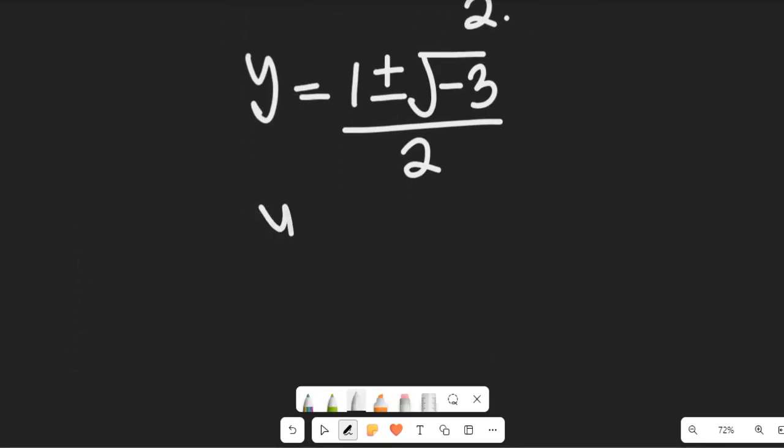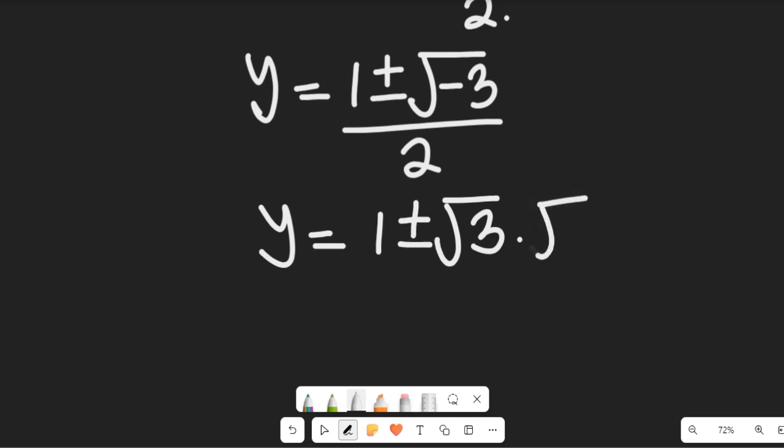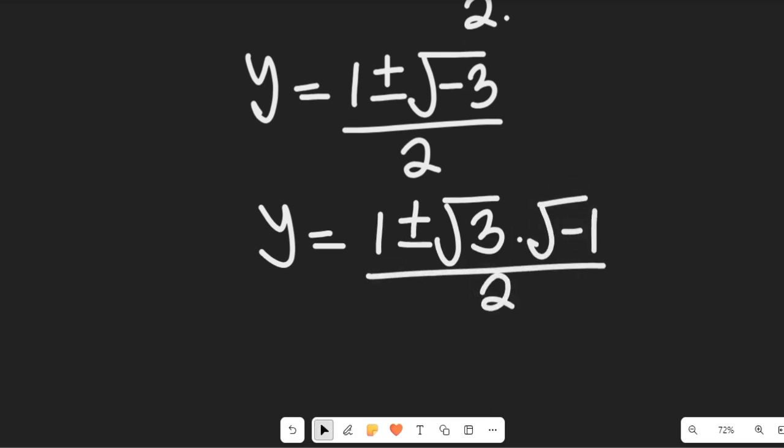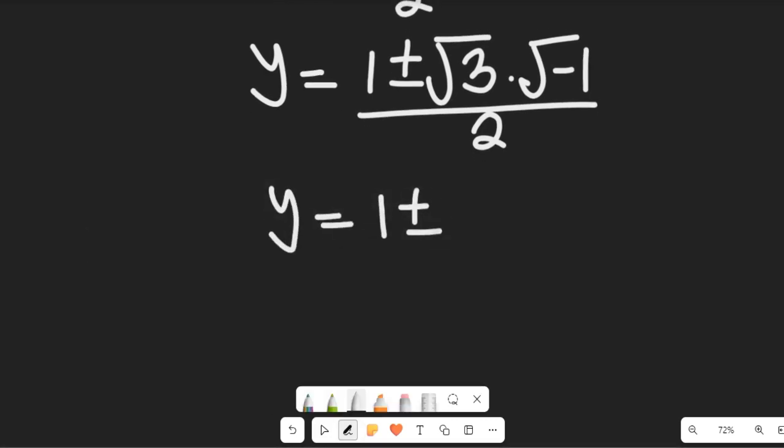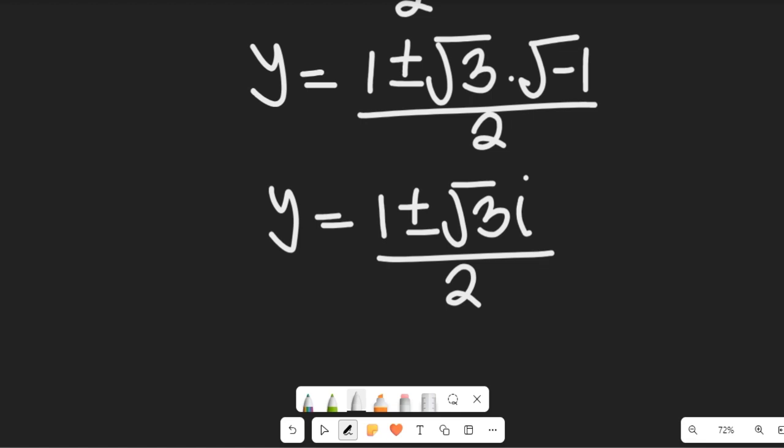If we simplify that, we'll have our y to be equal to 1 plus or minus square root of 3 multiplied by square root of negative 1, which is going to give us imaginary, considering the complex number. So our y will be equal to 1 plus or minus square root of 3 imaginary divided by 2. And this is the solution to y4.